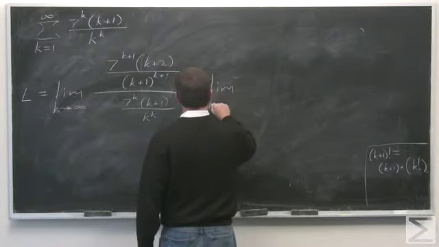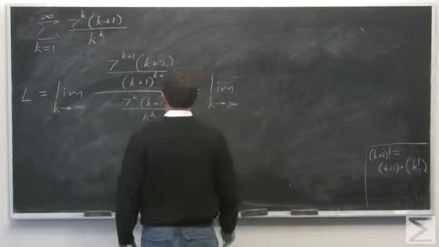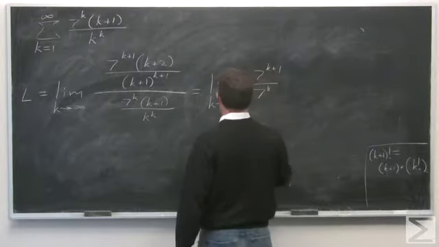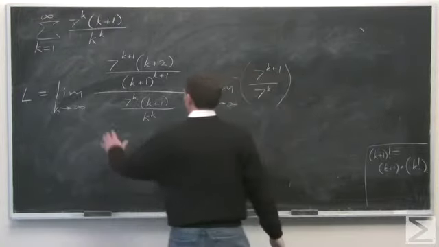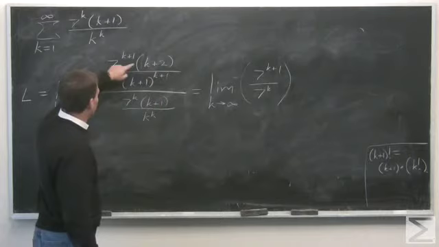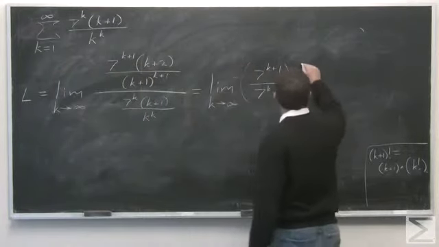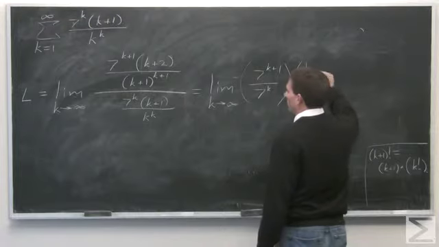You take the limit as k approaches infinity. We will get 7 to the k plus 1 over 7 to the k. Well, that part's easy. That's 7. We'll get a k plus 2 divided by a k plus 1. Okay, that goes to 1. So that's easy to handle.